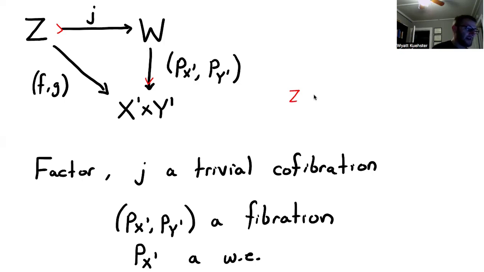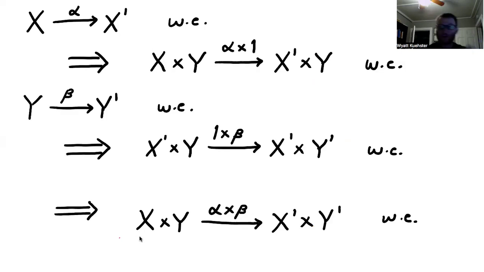But then because I have this diagram that only has j and p_X prime in it, and it just goes to X prime, and f is a weak equivalence, and j being a trivial cofibration is a weak equivalence, that implies that p_X prime is a weak equivalence. So now I have this map (p_X prime, p_Y prime). It's a fibration, and one of its legs is a weak equivalence.